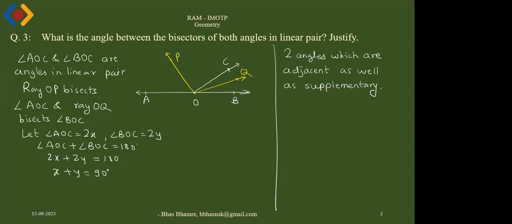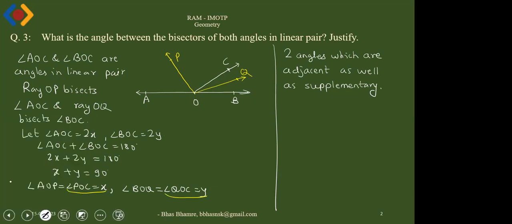Because ray OP bisects angle AOC and ray OQ bisects angle BOC, we have angle AOP equal to angle POC as x, as well as angle BOQ equal to angle QOC as y. So typically we choose x as angle POC and y as angle QOC, and we call this equation 1.